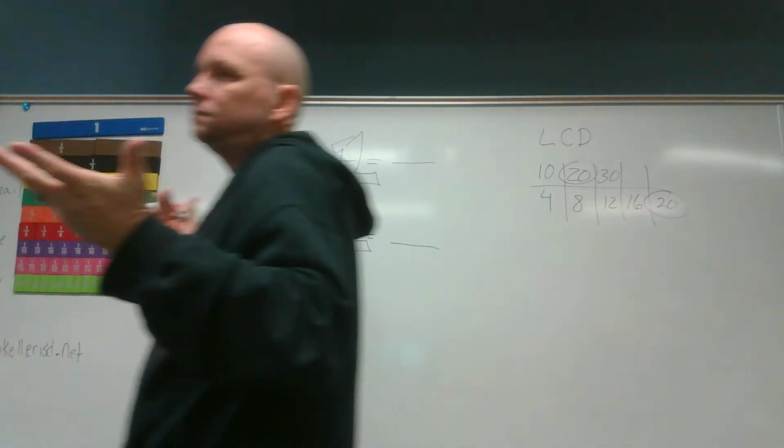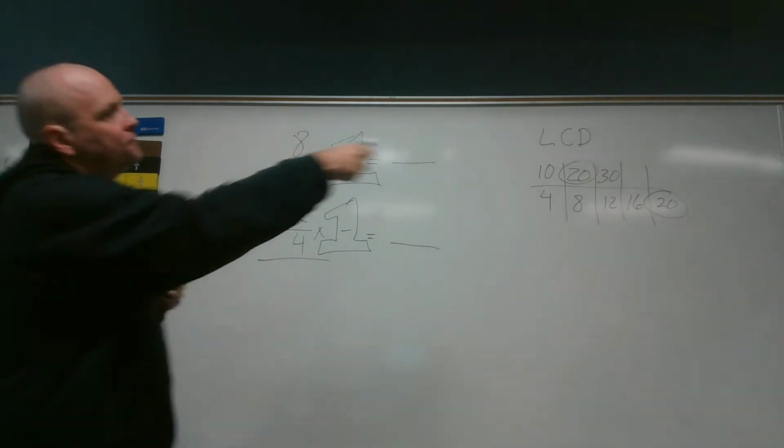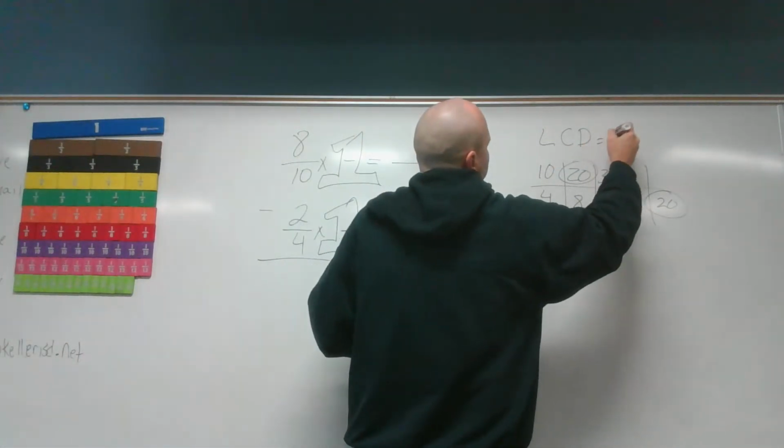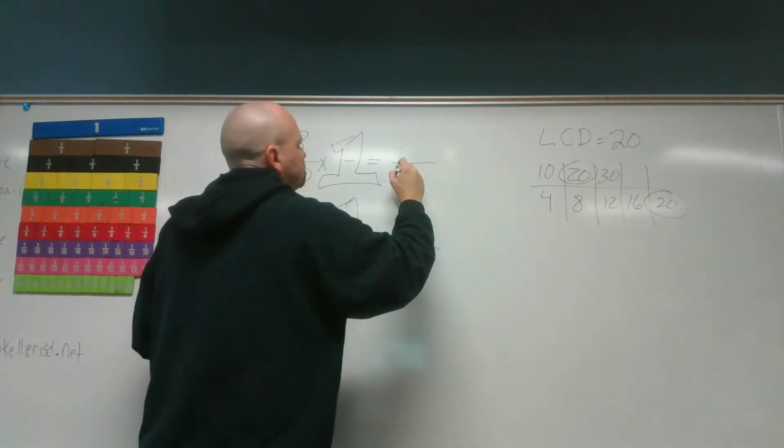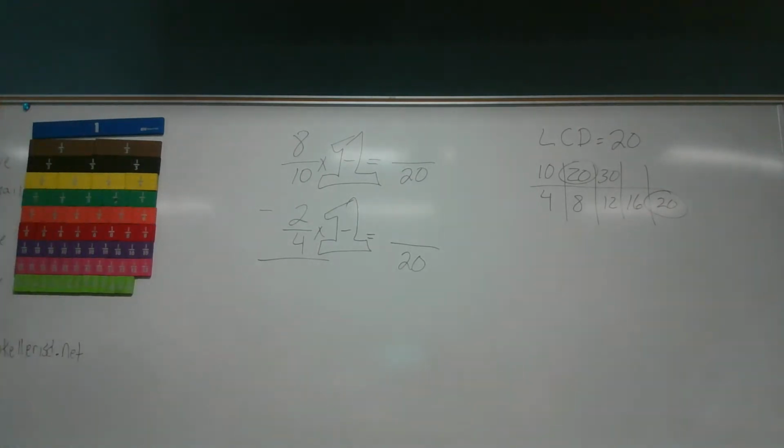We can't do that. That changes the value of it. We found our least common denominator, which equals 20. So I'm going to change both of these fractions so that they have a denominator of 20 without changing the value.